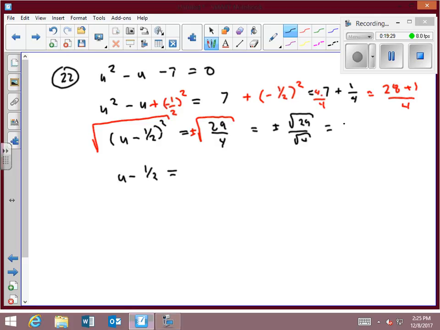Now the numerator, you cannot take anything out of that 29, but the square root of 4 is 2, right? So my right-hand side is the square root of 29 all over 2. Now I got to get u by itself, so I'm going to add 1/2. 1/2 plus or minus square root of 29 all over 2.